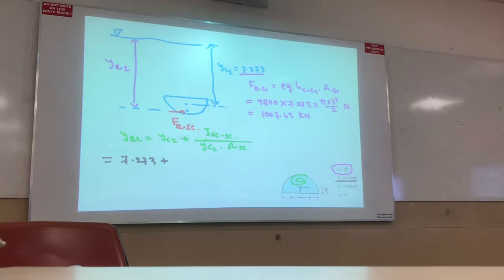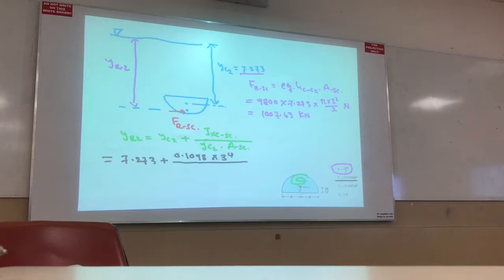This one. 0.1098 times R to the power 4, right? Divided by YC2, 7.273 times the area, which is pi r square by 2, right?